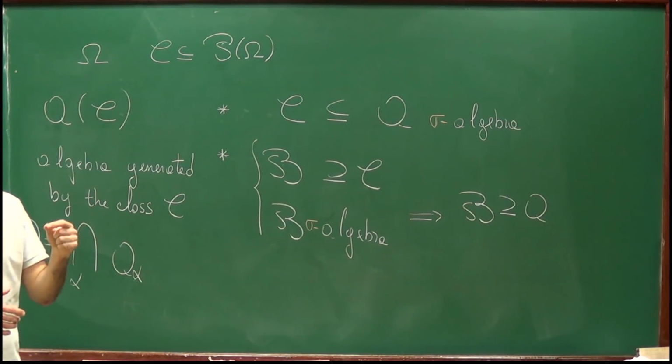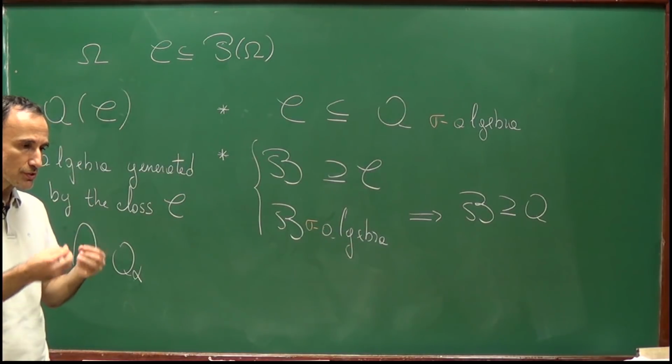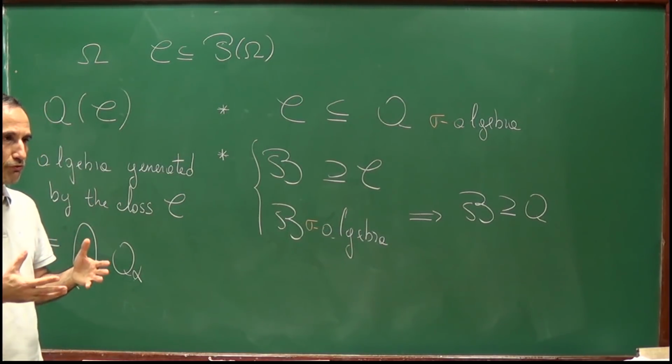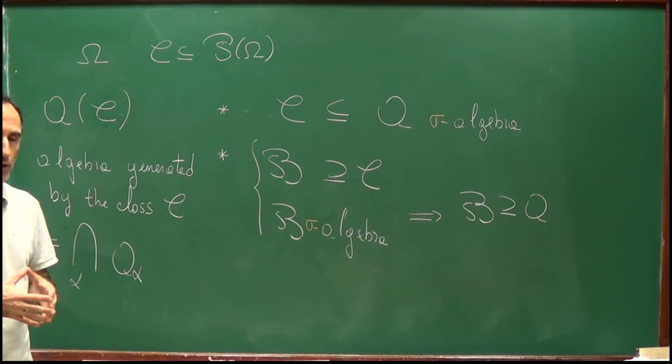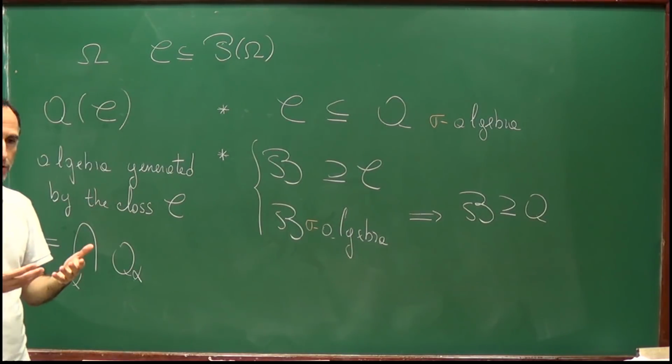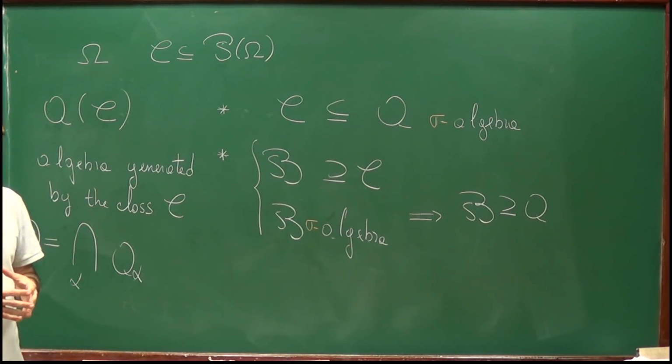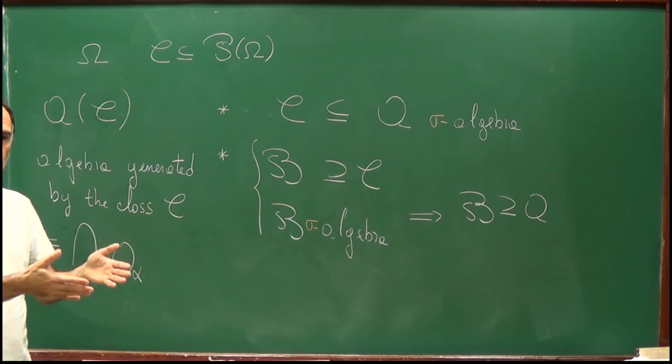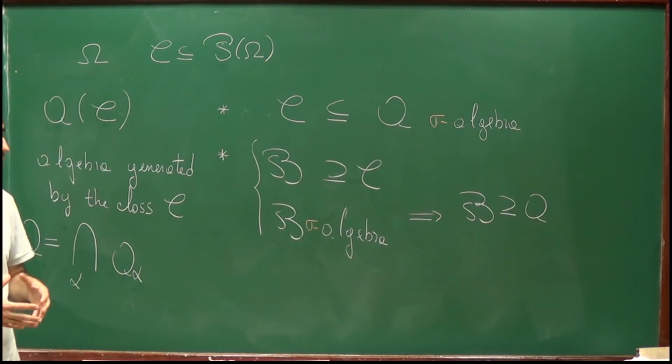This point is very important. You have to understand that proving that a certain property holds for all the sets of the sigma-algebra generated by the semi-algebra requires an argument which does not rely on the fact that you have an explicit expression for the elements of this sigma-algebra. And this is a very important point.